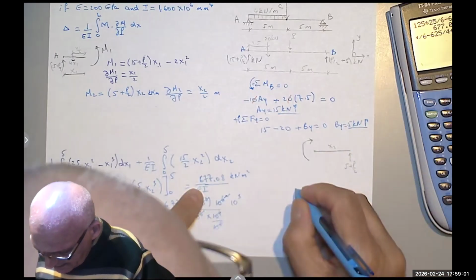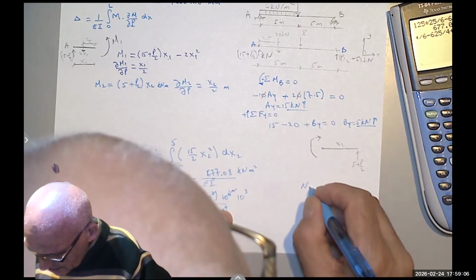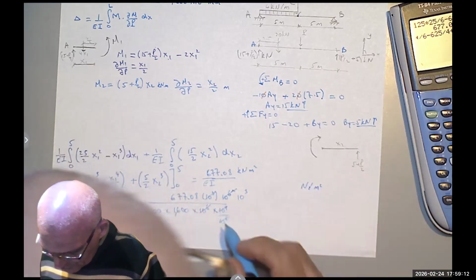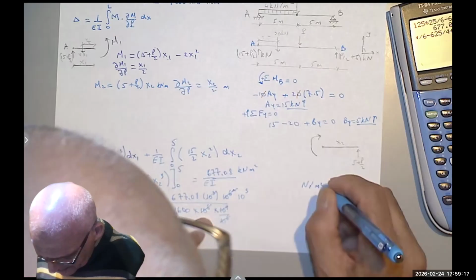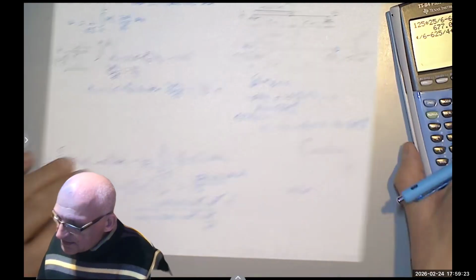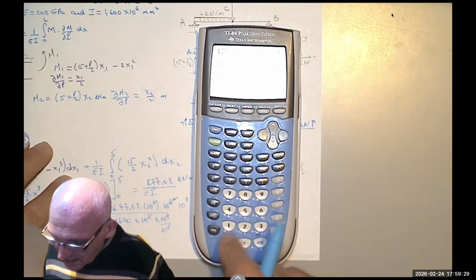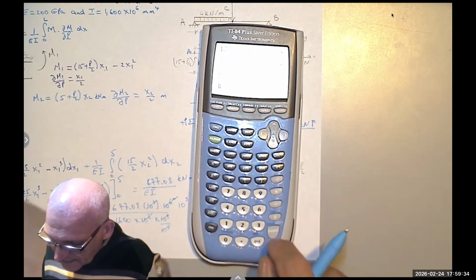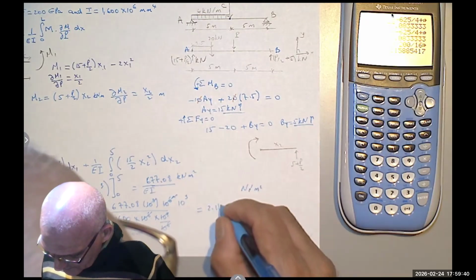This is gigapascal, meaning after we multiplied it by 10 to the 9, it became Newton per square meter, right? So we had to multiply by 10 to the 6 to make it per millimeter. So when you multiply that by 1,000 and then divide by 200 by 1,600, you get 2.11 or 12 millimeters.